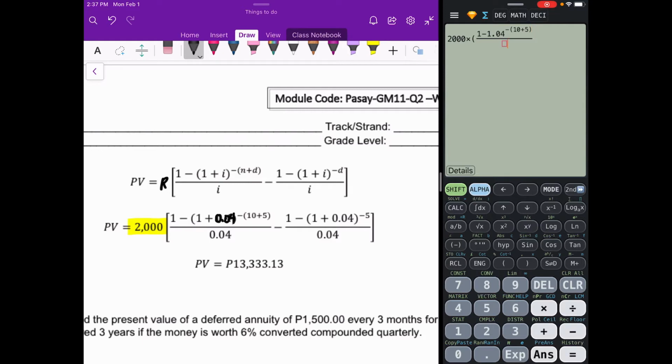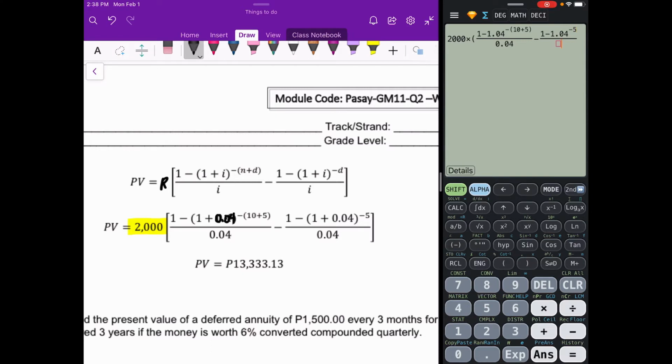And then for our denominator, we have 0.04. And then, of course, subtract. We have another fraction, so we have 1 minus 1.04 raised to negative 5.